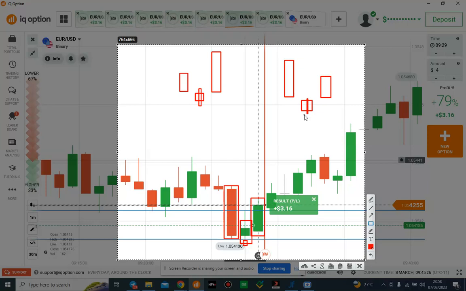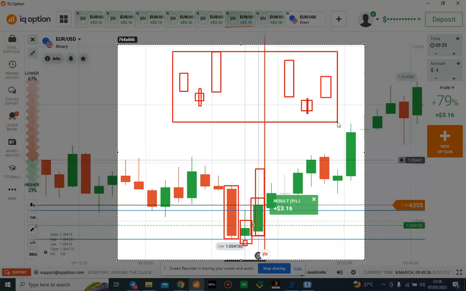When I saw this red candle, I knew the market was going to close like this. If this candle is very weak, very small, then I'll be expecting a strong bullish candle. These two patterns here are called the morning star pattern.